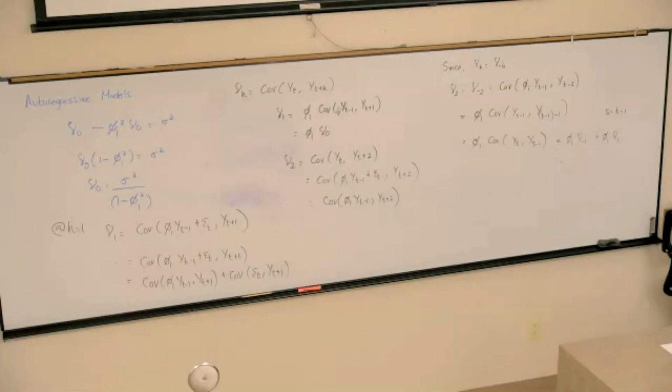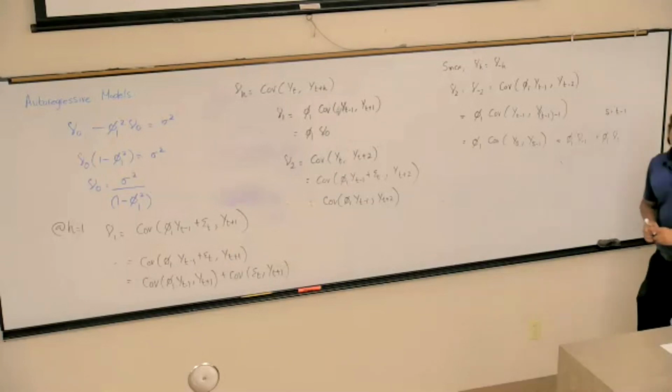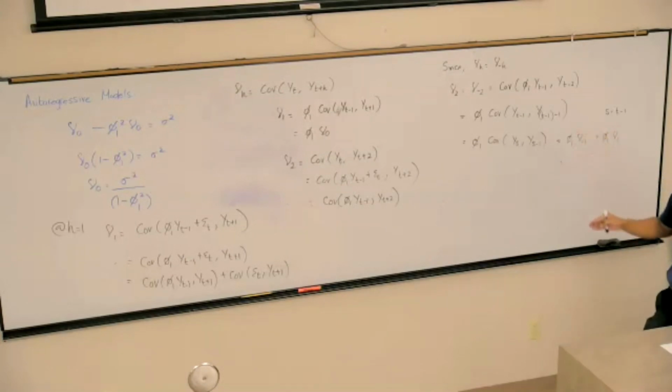So unlike the MA models, this will have more solutions because gamma 1 equals gamma negative 1. What do you mean by more solutions? Do you mean that we don't have more covariances when it comes to an MA1 model?